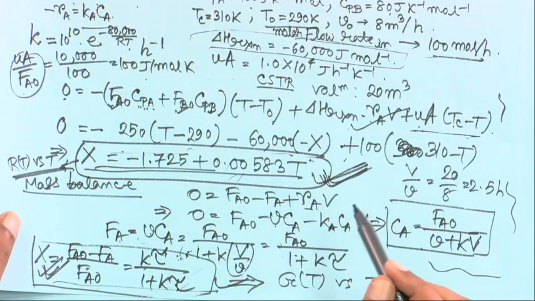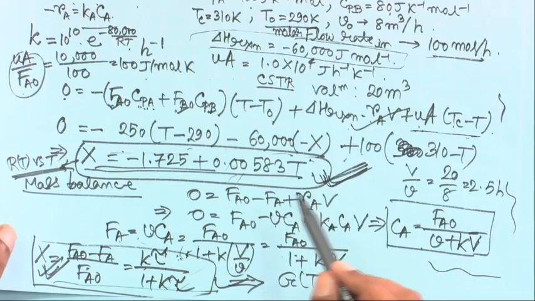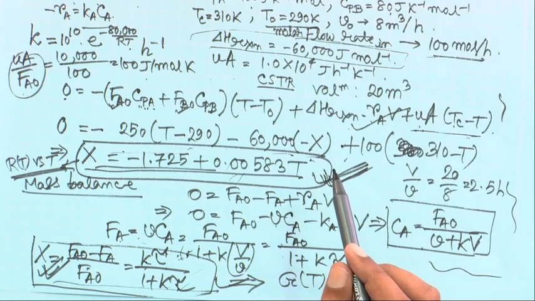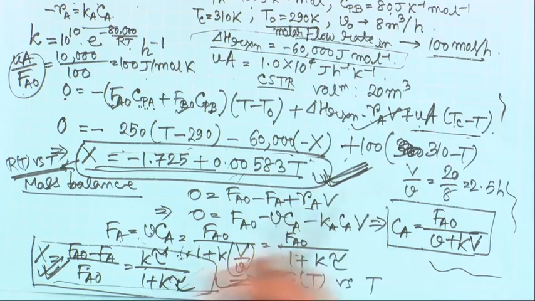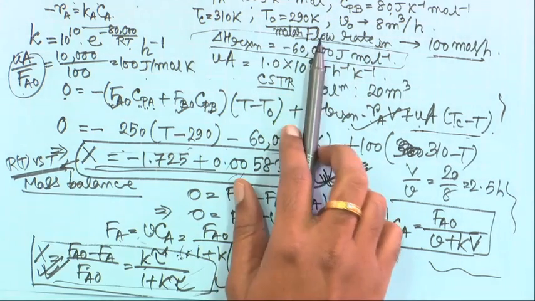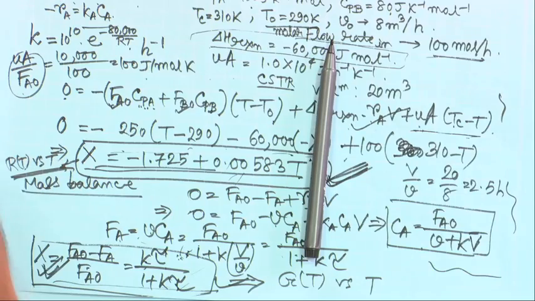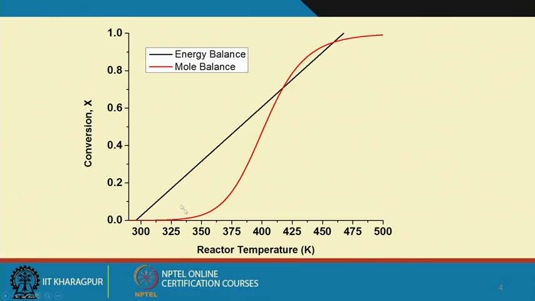We obtained 3 steady state operating conditions as the solution of the problem, and if you look at the graph in the PowerPoint slide, we had shown the energy balance and the mole balance equation. Energy balance is basically the conversion as a function of temperature that we obtained from the energy balance equation.